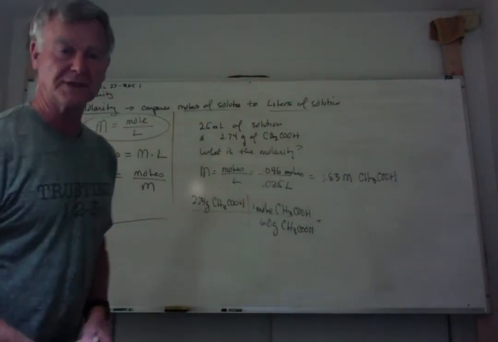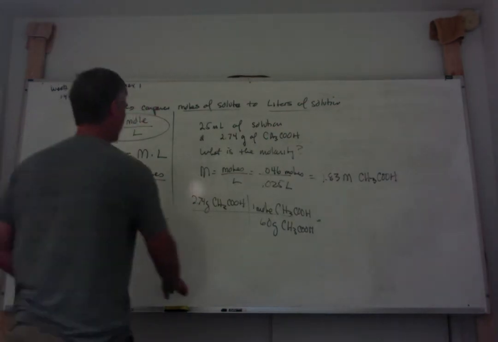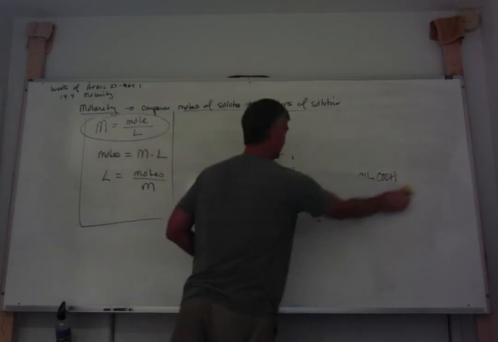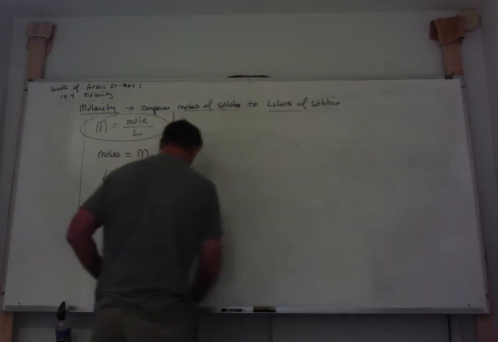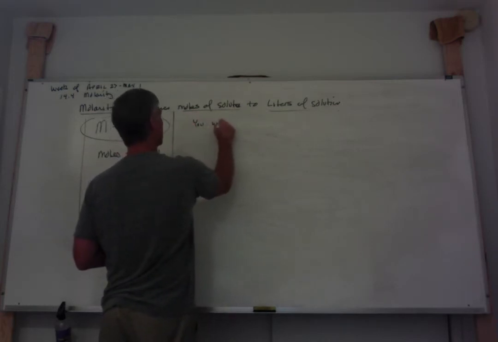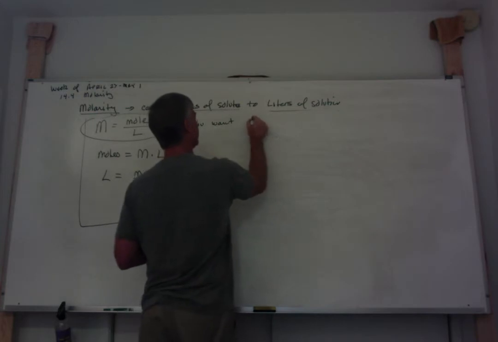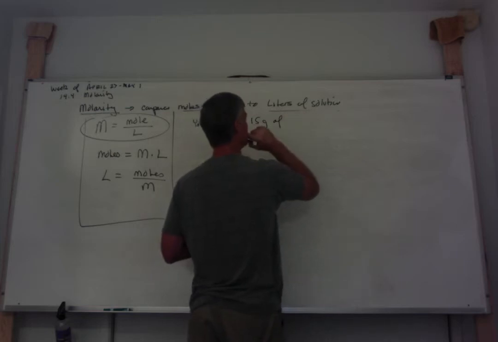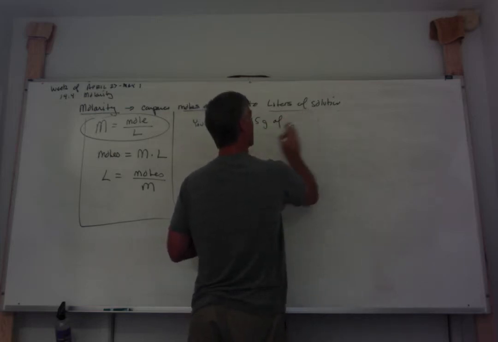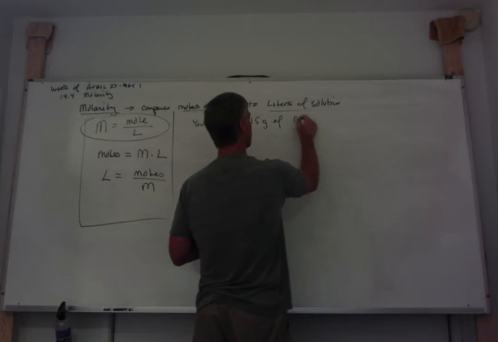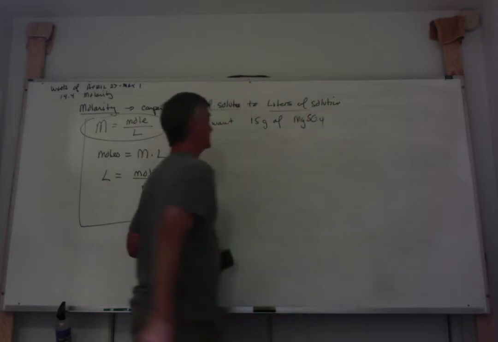This is going to be a little shorter video. Let me take you through a couple other problems that will pop up. They could ask something like this, and this would be real common. You want 15 grams of, let's say, MgSO4, that's called Epsom salt.